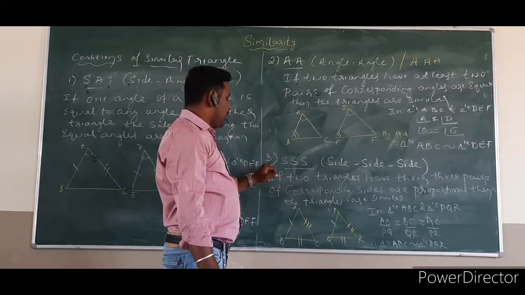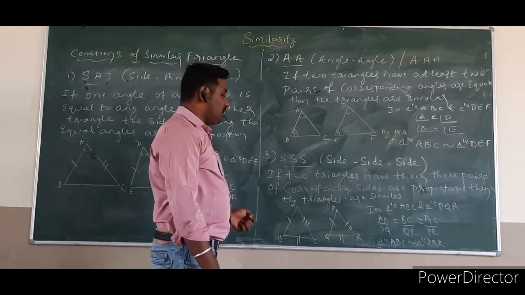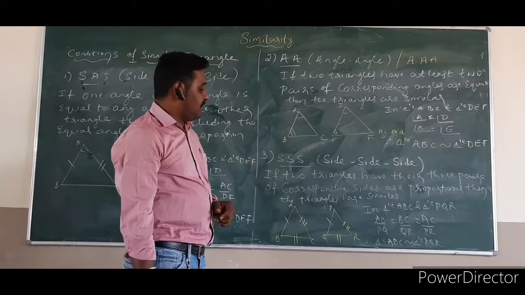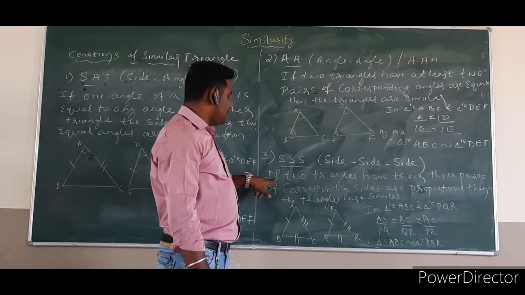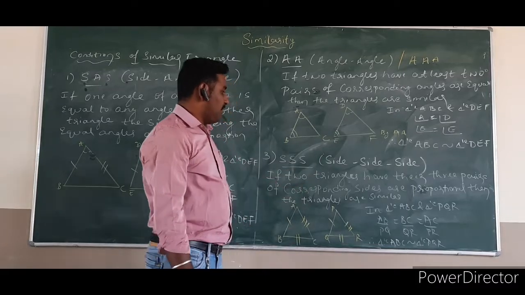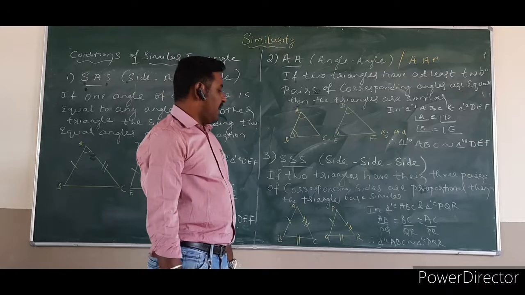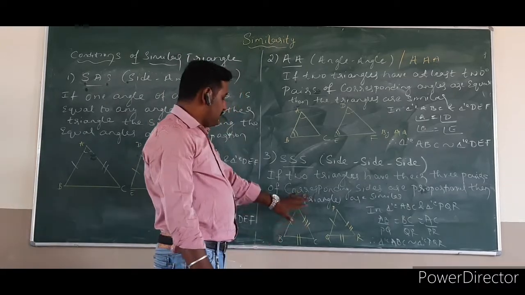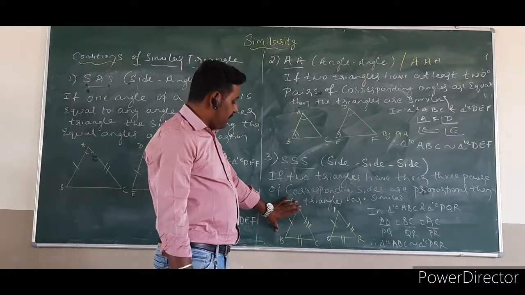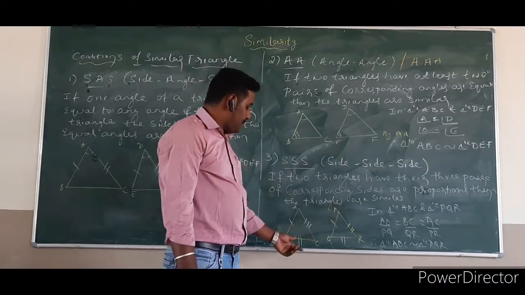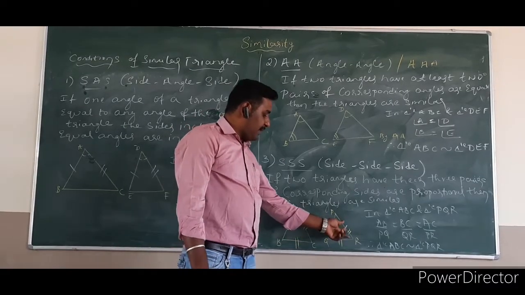So the next, third test, the triple S test, side. It is very easy to prove the similarity of two triangles. What does this mean? If two triangles have their three pairs of corresponding sides proportional, then the triangles are similar. Here AB divided by PQ is equal to BC divided by QR, equal to AC divided by PR.